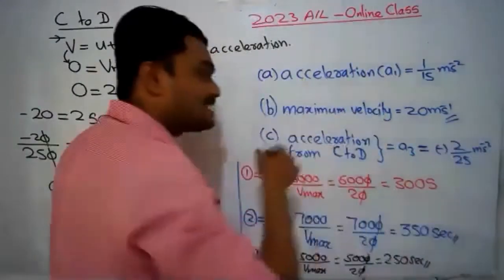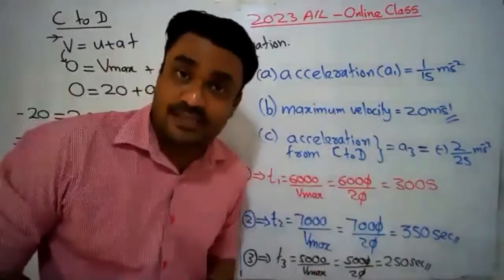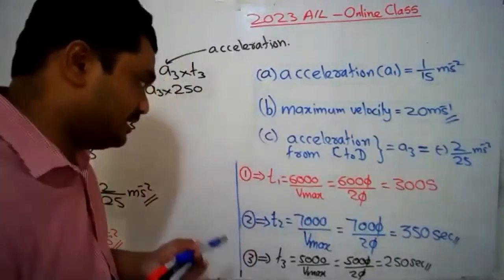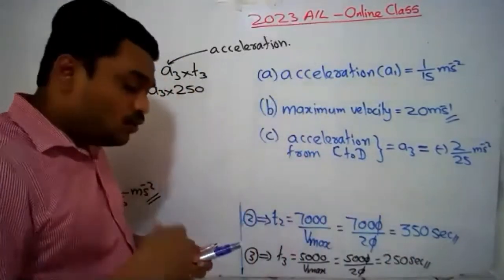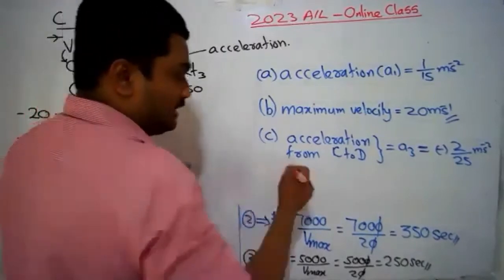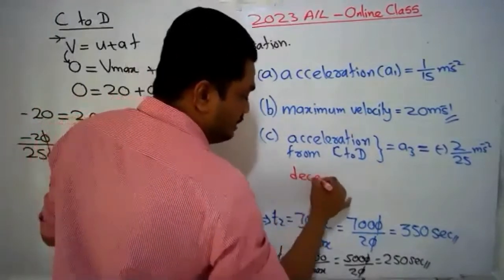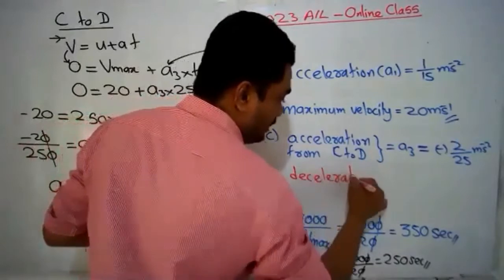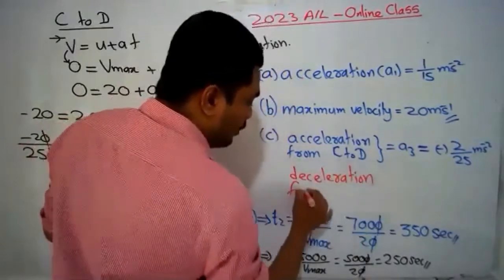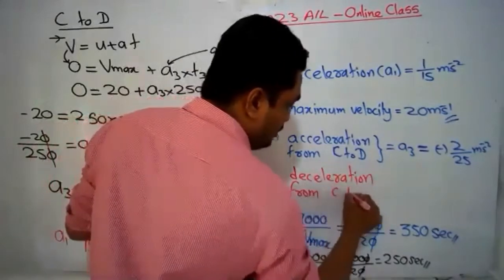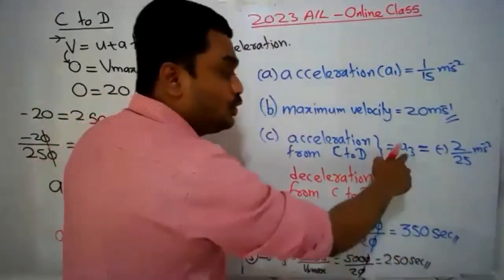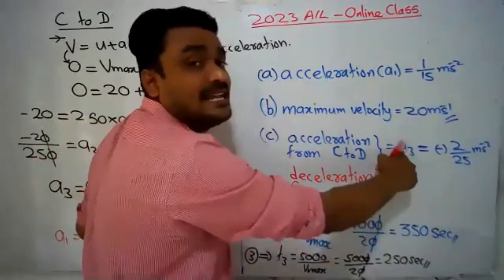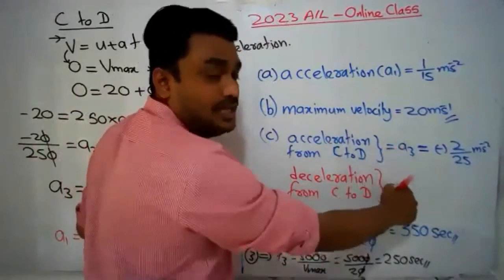If you use the term acceleration, it is minus because it's not an acceleration, it's a deceleration. But if you use the term deceleration, then no need to write the minus sign. If you say deceleration from C to D, then you should not write A3 because A3 is an acceleration.